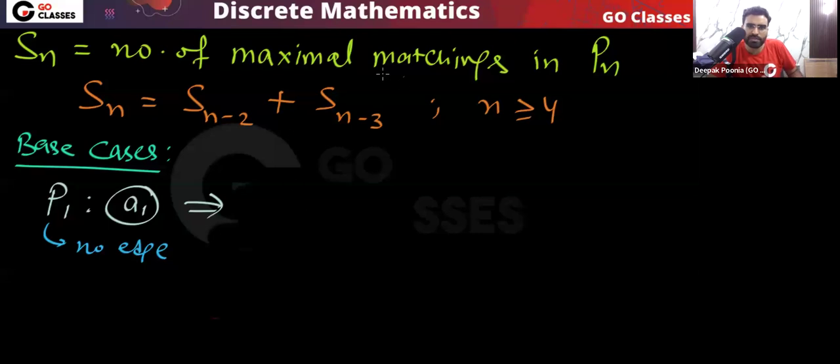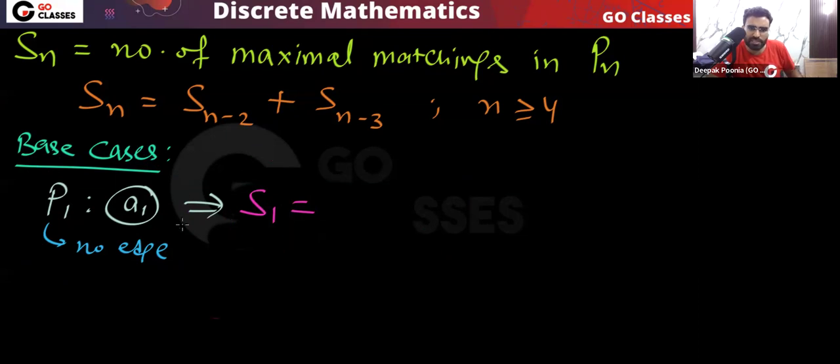Because matching means a set of edges which are pairwise non-adjacent. And remember, empty set means you don't take any edge, and that is also a matching. For this path graph on one vertex, that will be a maximal matching because there is no edge. So in this path graph on one vertex, how many maximal matchings will be there?